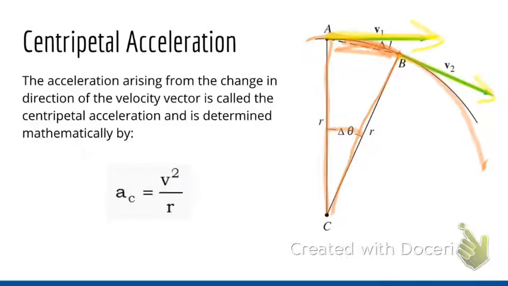They're similar triangles, and through some abracaphysics, you're going to end up with this equation, which shows us that as you go around the circle, there's an acceleration pointing in.